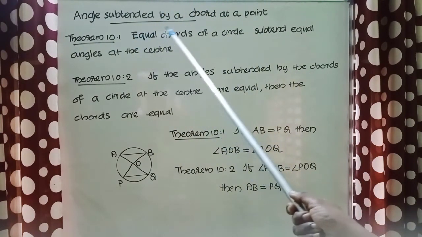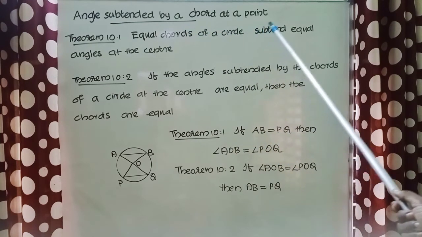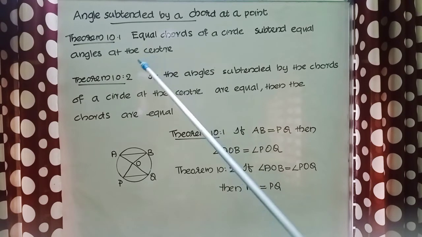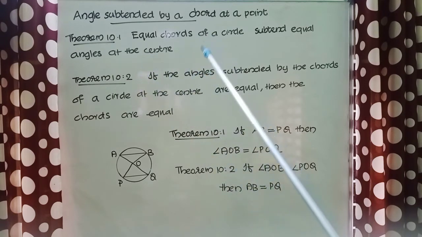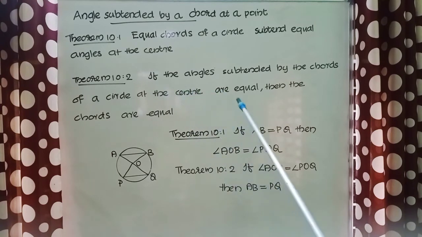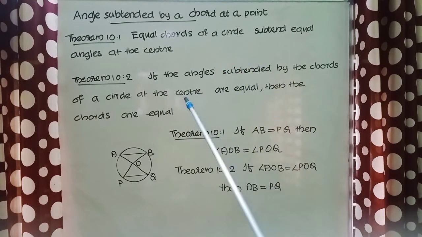Angle subtended by a chord at a point. Theorem 10.1. Equal chords of a circle subtend equal angles at the center. Theorem 10.2. If the angles subtended by the chords of a circle at the center are equal, then the chords are equal. Here you see I have drawn a circle and 2 chords AB and PQ.